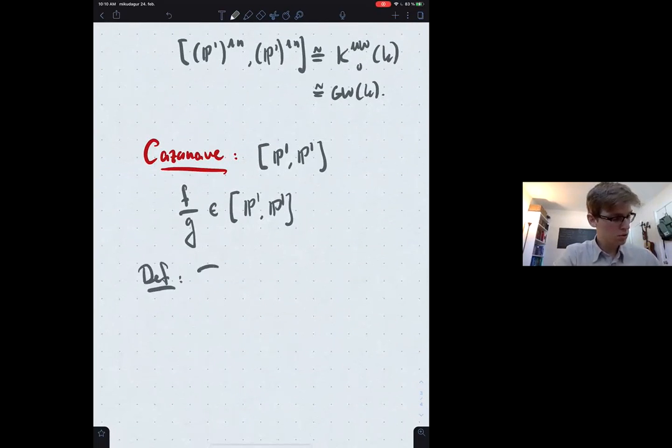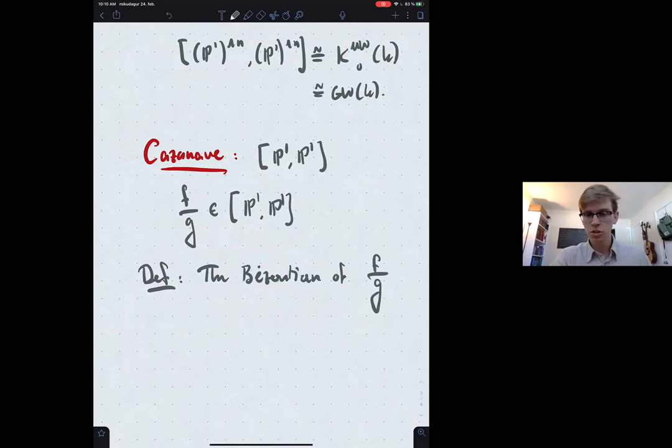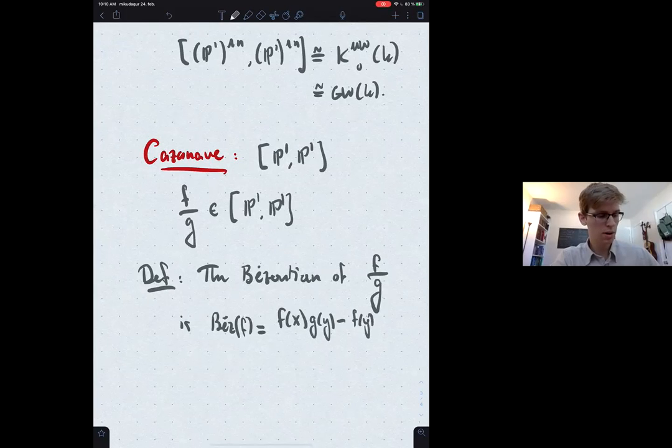So the Bézoutian of f over g is just a bivariate polynomial given by: you evaluate f at x, g at y, and then minus f at y, g at x, and divide by x minus y.